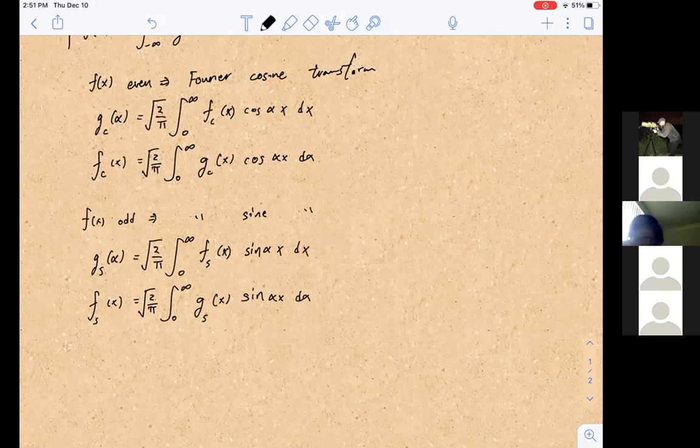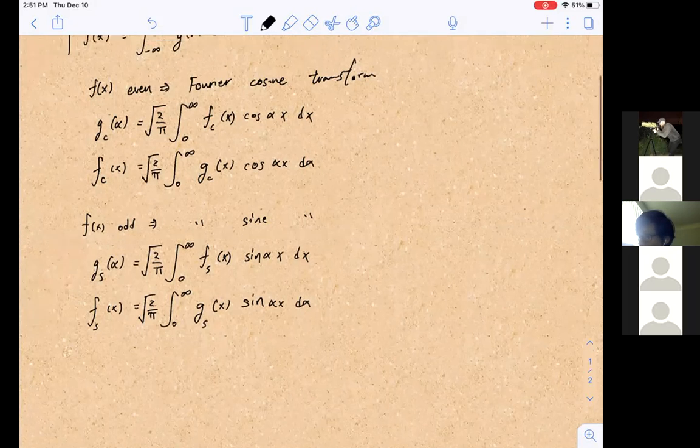Okay, so if a question says compute the Fourier transform of f of x, do we solve for just g of alpha or do we solve for g of alpha, then plug it into a second integral? Just solve for g of alpha. And if the question says represent f of x using its Fourier transform, then you write down the second thing as well.